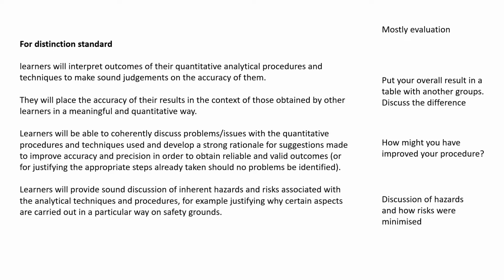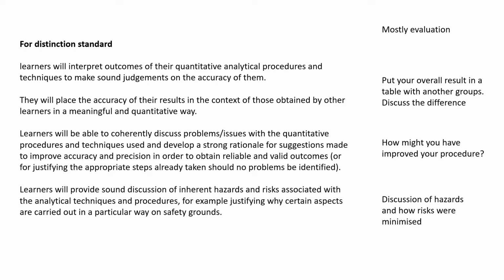Maybe put this in a table, work out the percentage difference, and then discuss why your results are close together or far apart. How might you have improved your procedure? Now, I would spend in your report a whole page on this, lots and lots of bullet points, as many as you can think of. How could you have done it better?